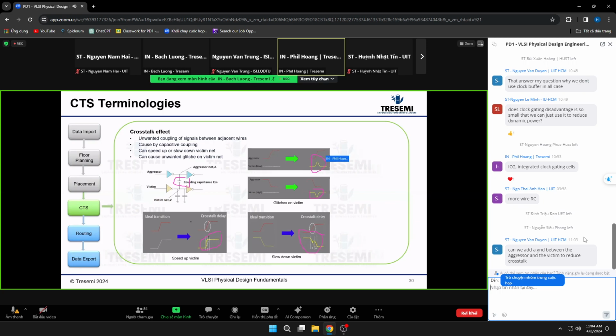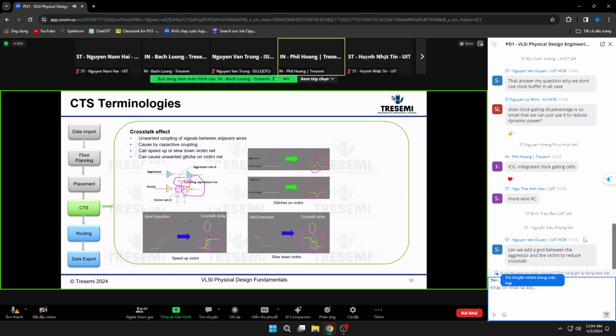Glitches you have everywhere, but you do a glitch analysis. Look at the peak and the duration of the glitch. If it is small and short enough, it won't switch this gate, then you're okay. You don't have to fix them all. But if it is too high and too wide, in both peak and duration, then you want to fix them.